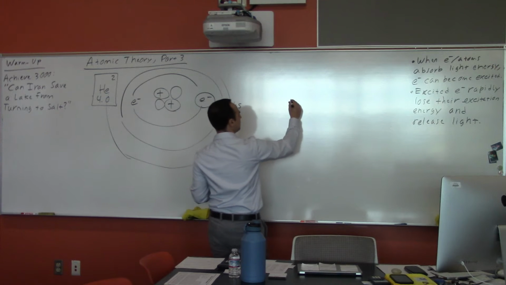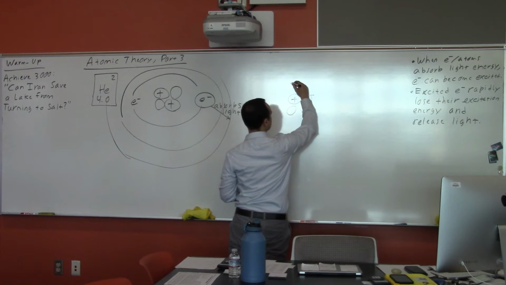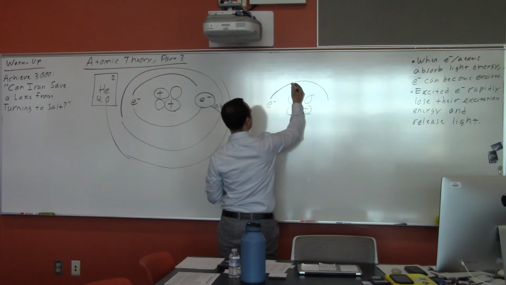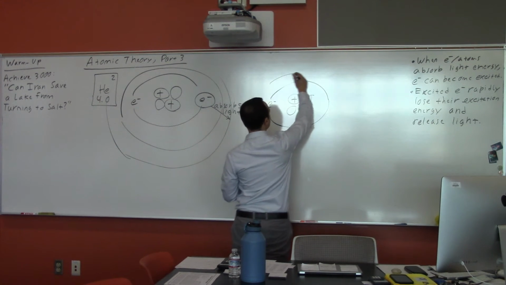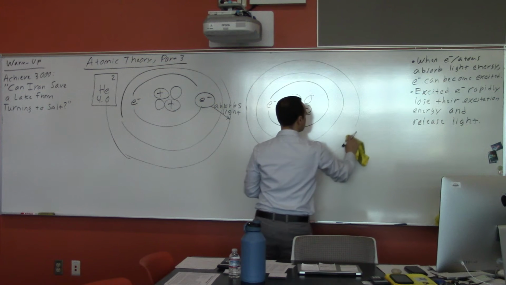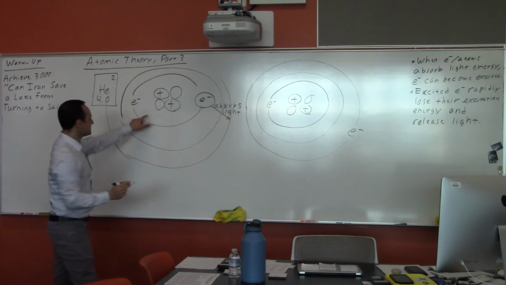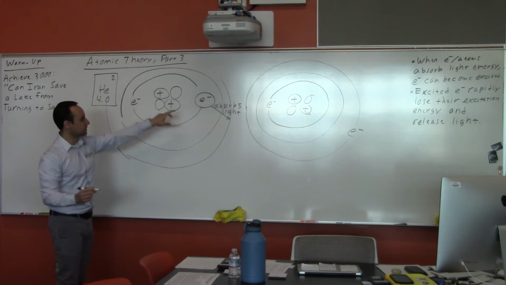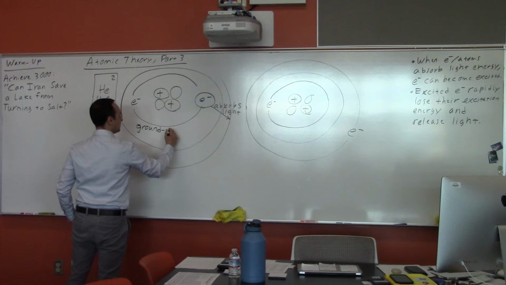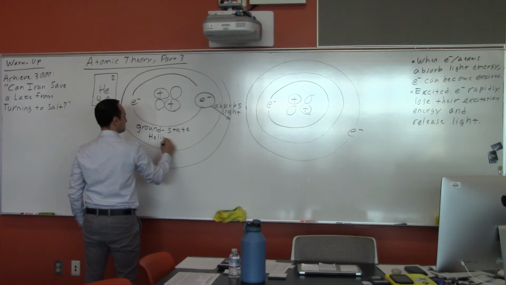So now I'm going to draw helium again. So this guy over here, okay, with 2 electrons here and here, this is called ground state helium. Okay?